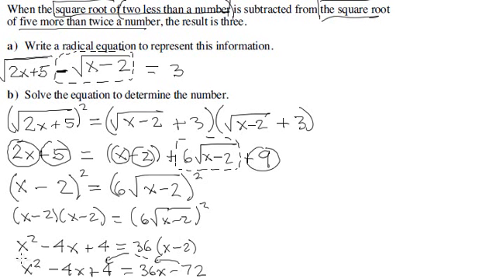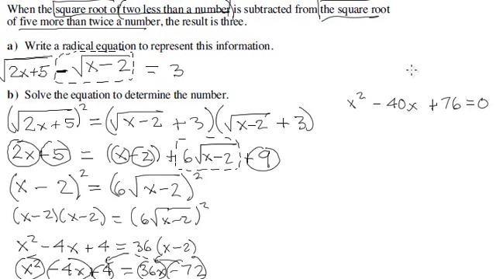So x squared, we have minus 4x minus 36x total minus 40x. We have 4 plus 72 makes 76, and that equals 0.